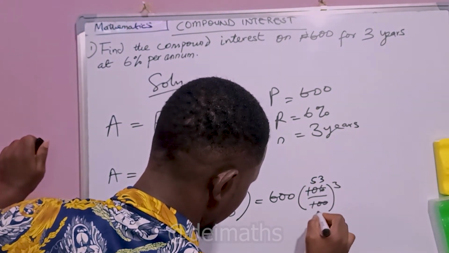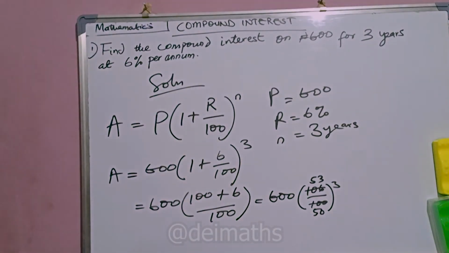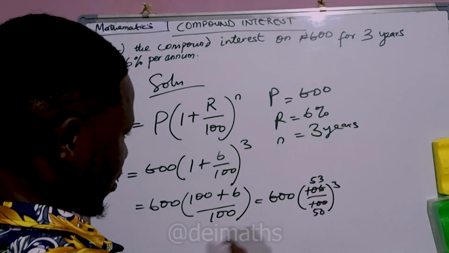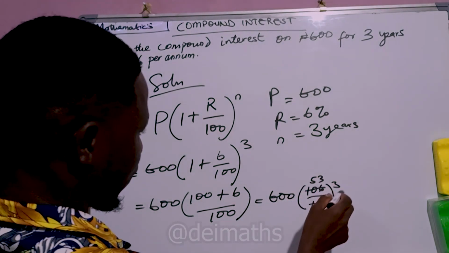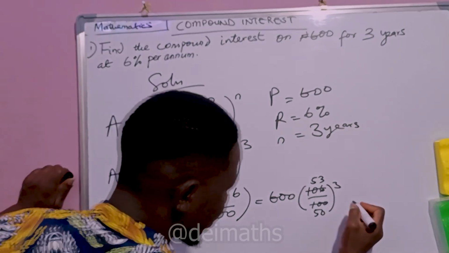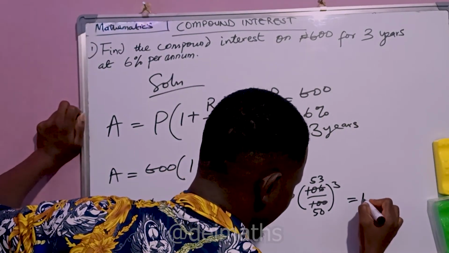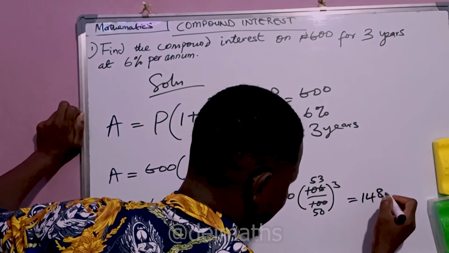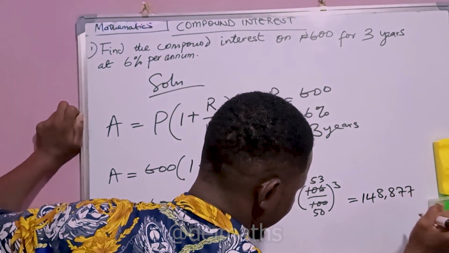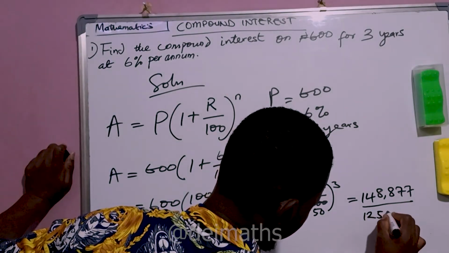Then 2 will give us 50 here. Now, what do we do next? We multiply it out. That is 53 to the power of 3 will give us 148,877. 50 to the power of 3 simply will give us 125,000.